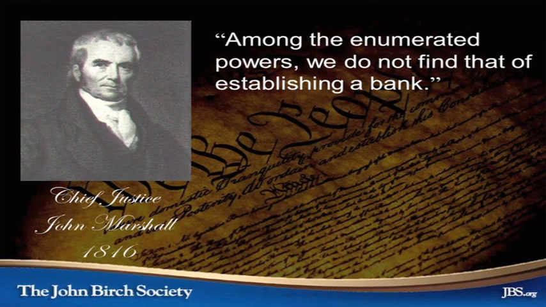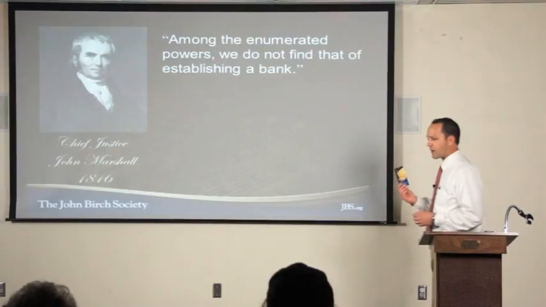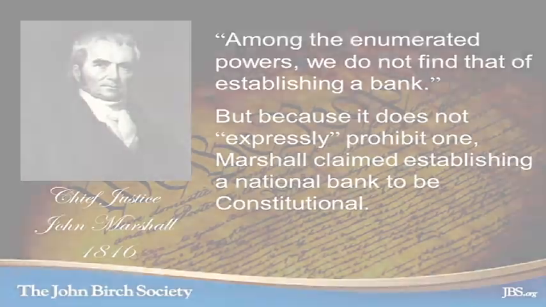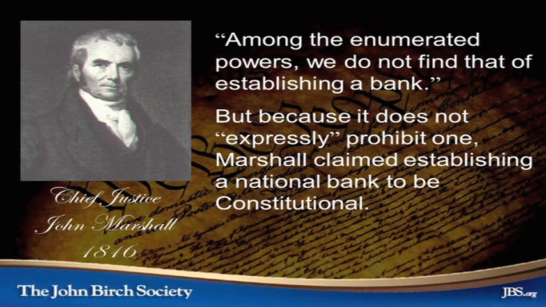Is he right? He's right. There is no enumerated power in the Constitution giving the federal government power to establish a national banking system. He's exactly right. But then he goes on to counter himself in a way by saying that because it does not expressly prohibit one, we can go ahead and do it anyway, because it didn't say we couldn't.